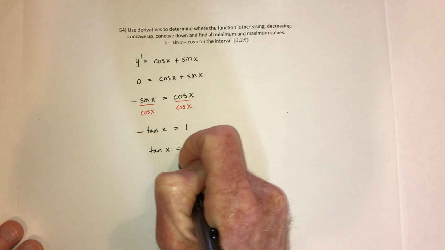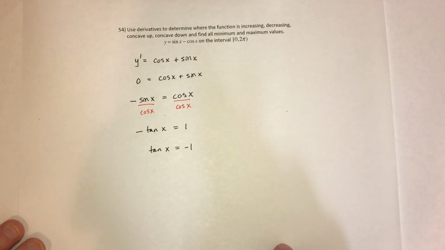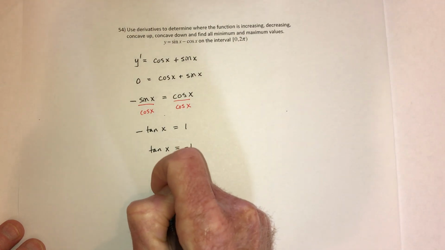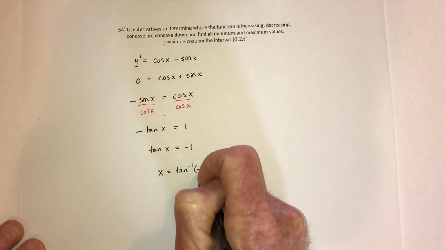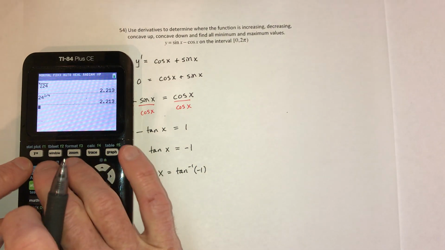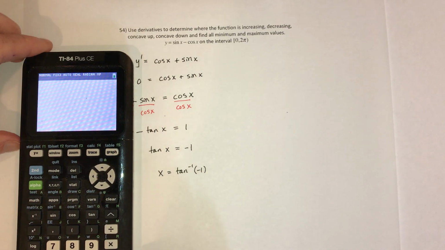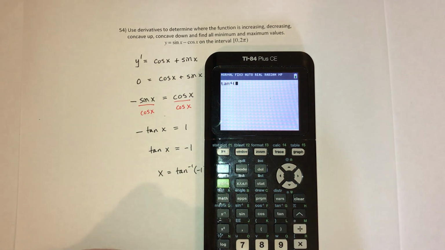Then you could multiply by a negative 1 or divide by a negative 1. And it's saying, when does tangent equal negative 1? For that, we could use tangent inverse. So what is tangent inverse of negative 1?